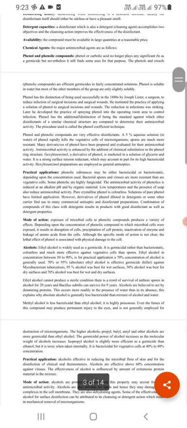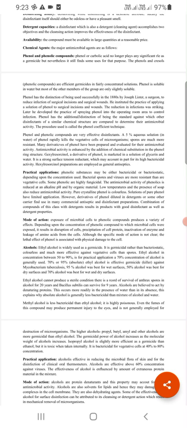It is a strong surface tension reductant, which may account in part for its high bactericidal activity. Hexylresorcinol preparations are employed as a general antiseptic nowadays.